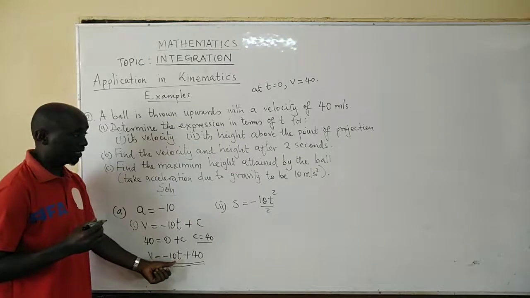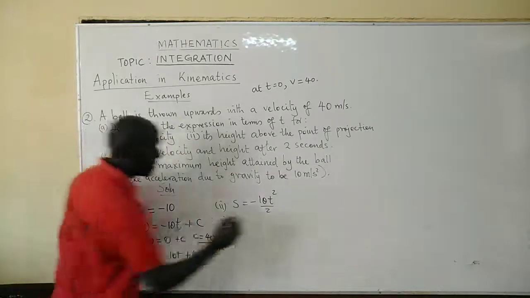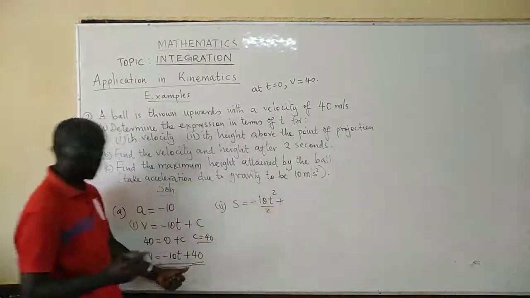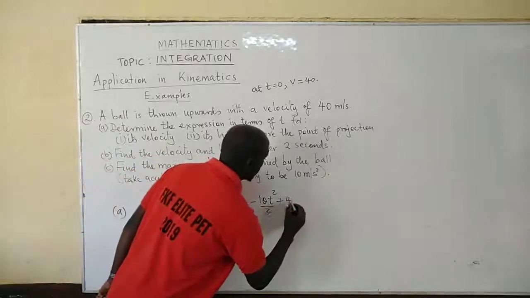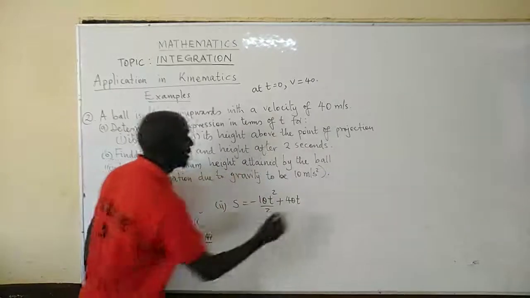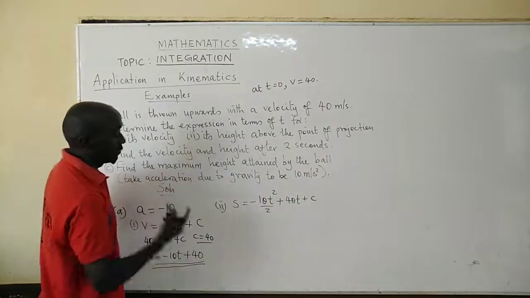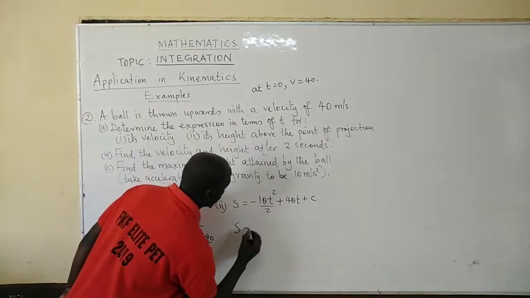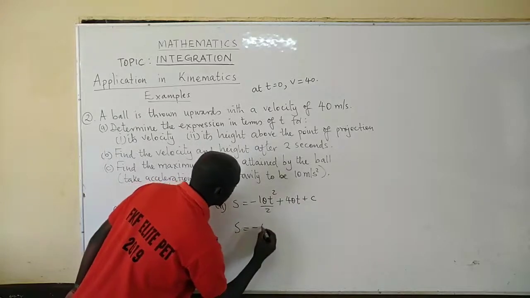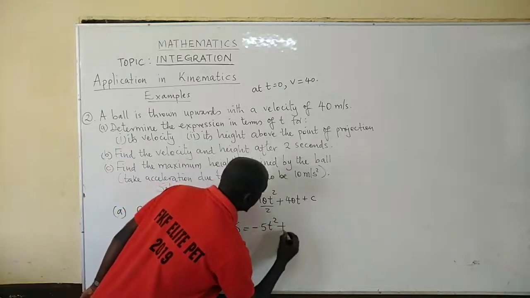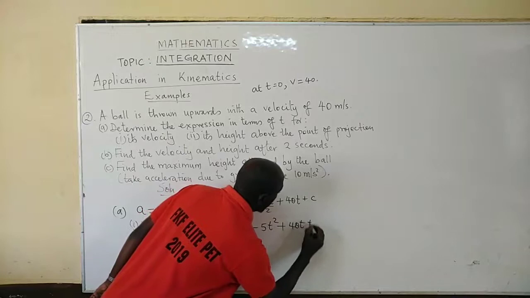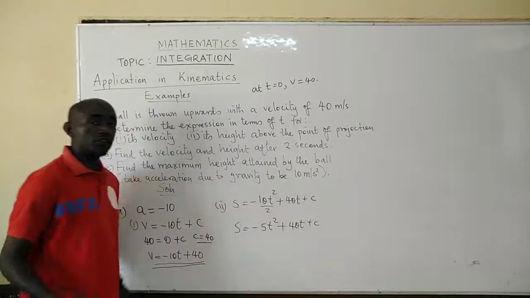If you integrate t, you get t squared over 2, plus, if you integrate 40, my dear Anna, you get 40t. Then plus a constant c. If you simplify, you will get s is equal to 10 over 2 is 5, negative 5t squared plus 40t plus c.